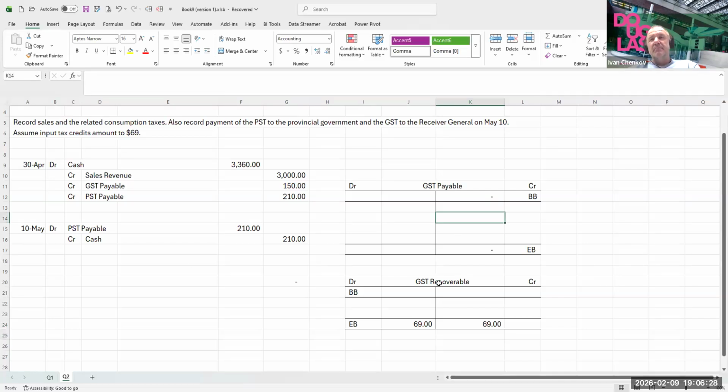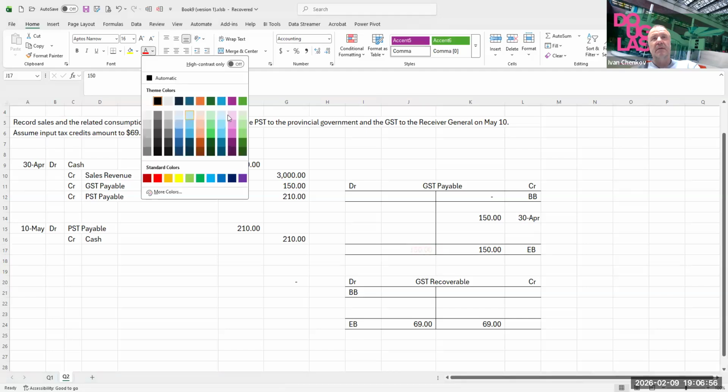And then on the GST payable, again, the beginning balance is zero. Then we have one transaction on April 30th, which is this one, $150. So in this account we have a credit balance of 150, so we have to debit this account with the same amount. So that will be our debit.